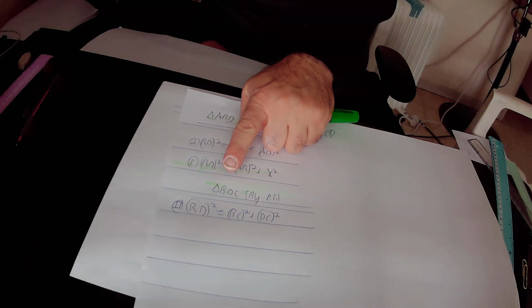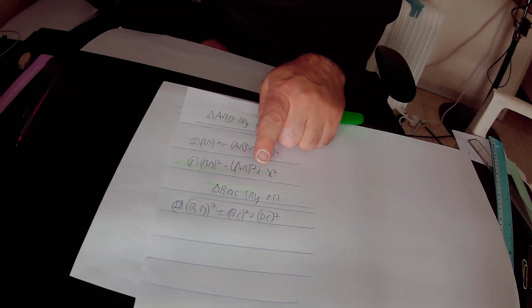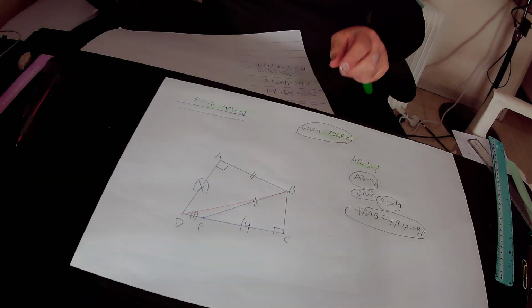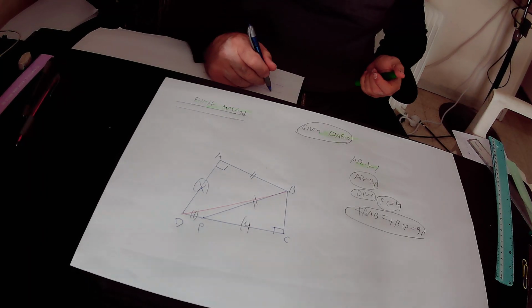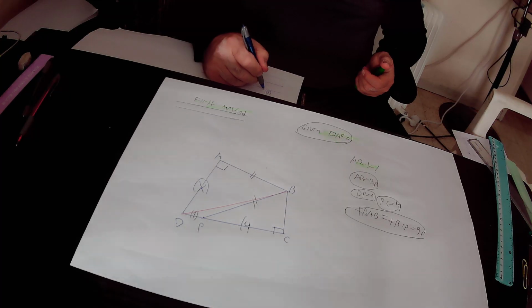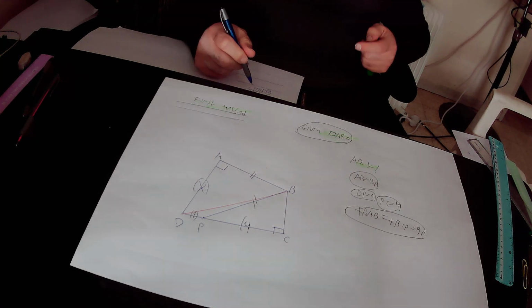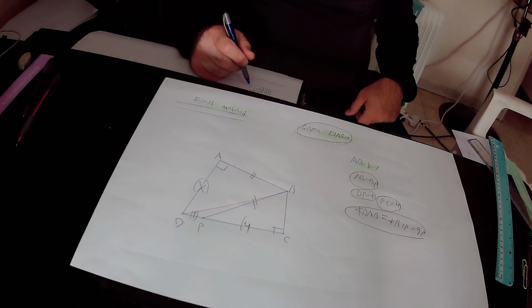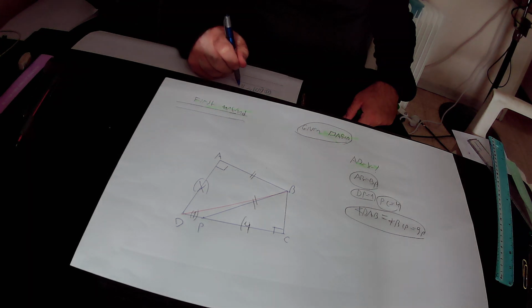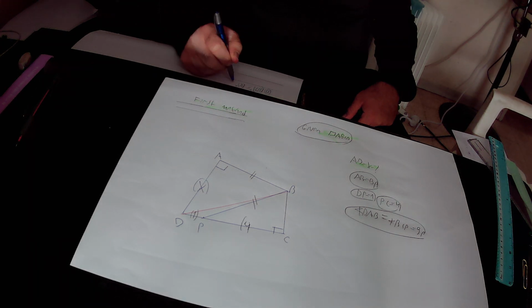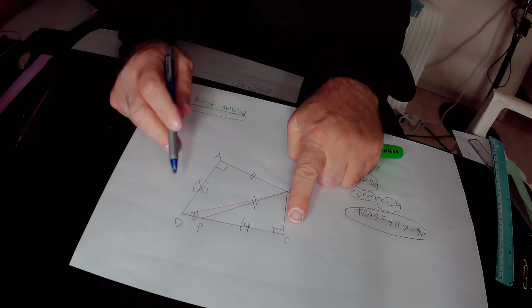BD is the missing hypotenuse, and BC is also a missing side, so we leave them as they are.